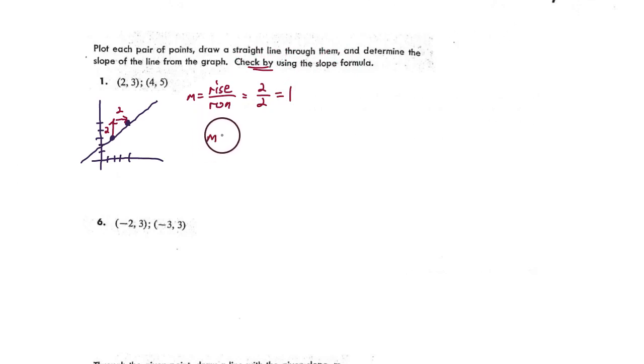The slope formula is m equals y2 minus y1 over x2 minus x1. In our ordered pairs, this is x1 and y1. This one is x2 and y2. Let's fill our numbers in. 5 minus 3 over 4 minus 2. When you work this out, you also get 1.